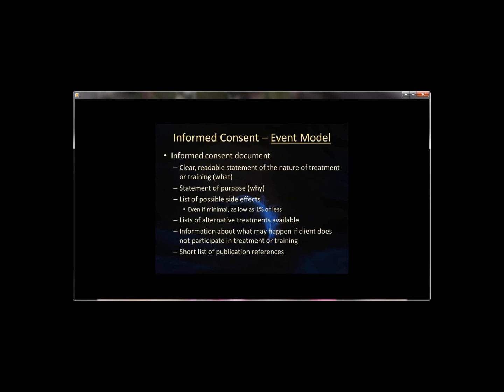So the event model of informed consent is that you get them to sign a document. And the document has to be readable and clear. The standard is supposedly a 7th grade reading level.